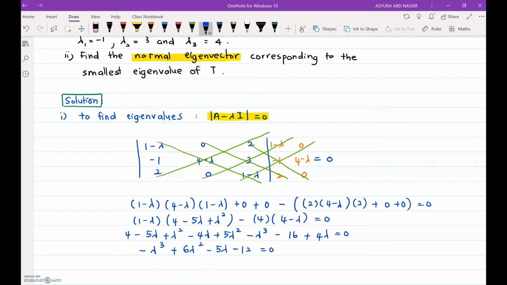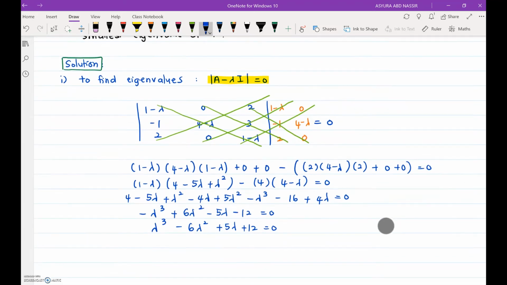Next you can simplify just using a calculator. If you want to use a calculator, please make sure the coefficient of your lambda cubed is positive. So you will write it as lambda cube minus 6 lambda square plus 5 lambda plus 12 equals 0.